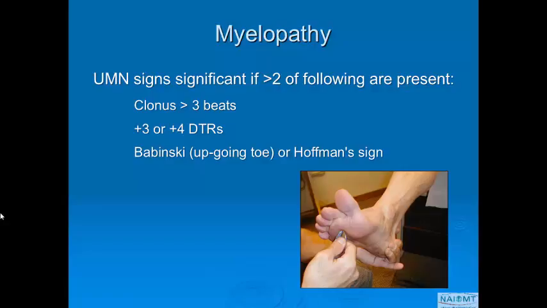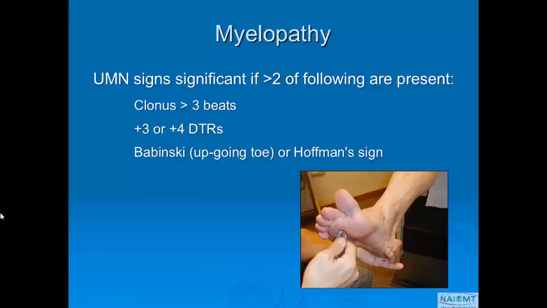Significant upper motor findings are if two or more of the following are present. Clonus of greater than 3 beats, up to 3 beats being considered normal. Deep tendon reflexes that are markedly brisk, rated at 3+, or initiate a clonic response in the tested muscle, rated at 4+.